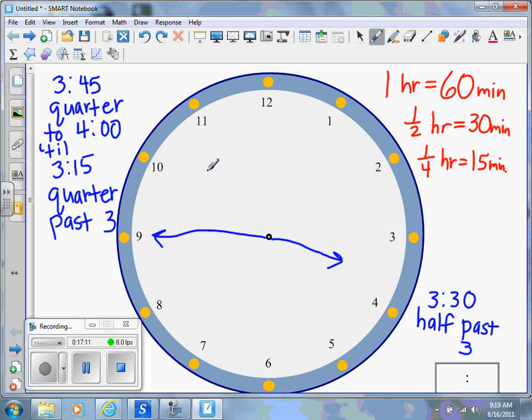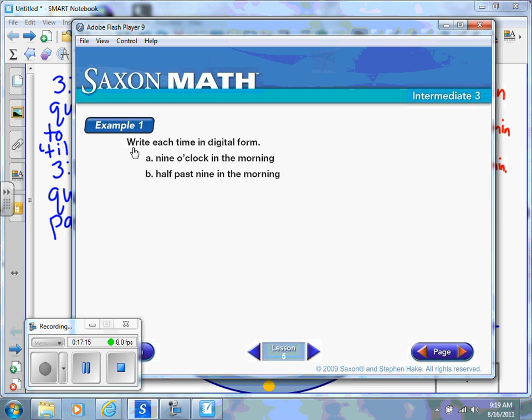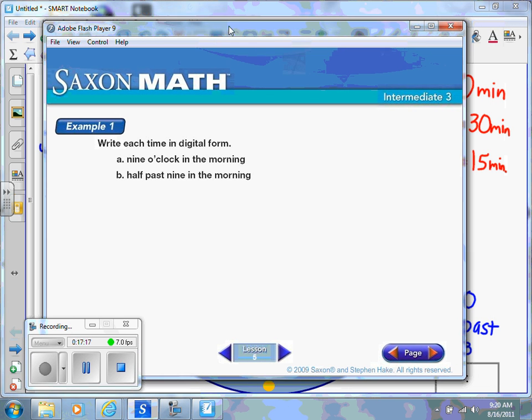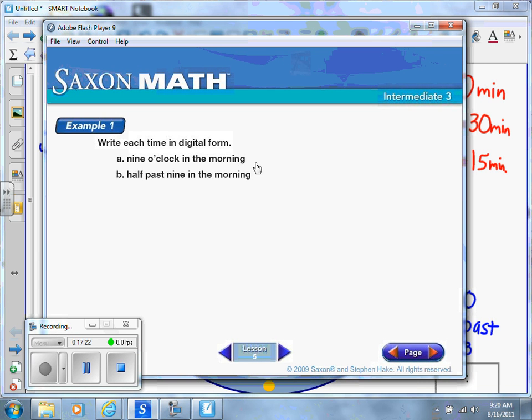And let's look at example 1. It says, write each time in digital form. How about 9 o'clock in the morning? Joe, what would that look like? 9 would be, right. Don't tell me what it looks like on an analog clock.